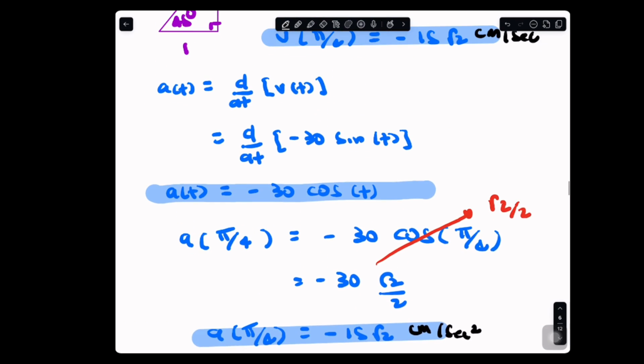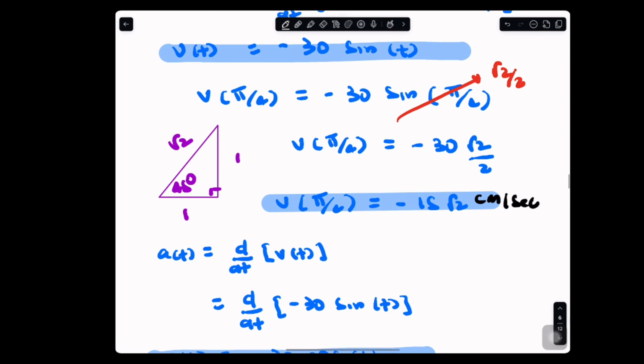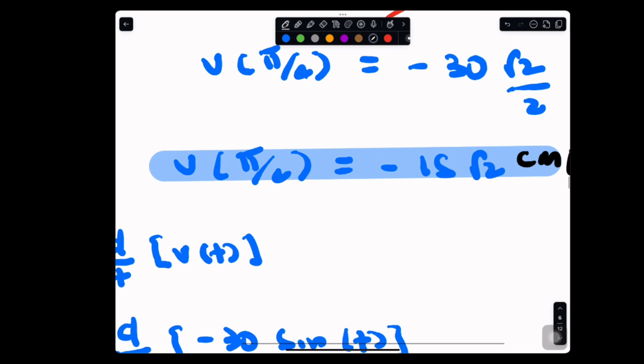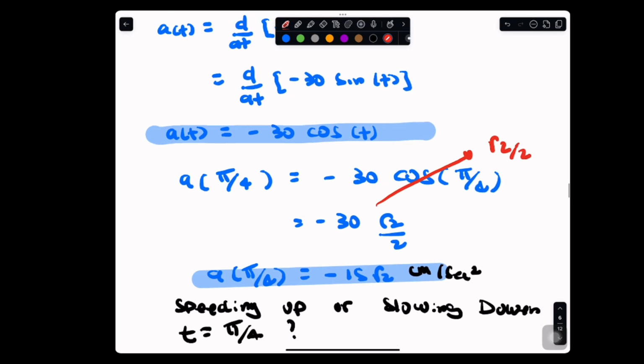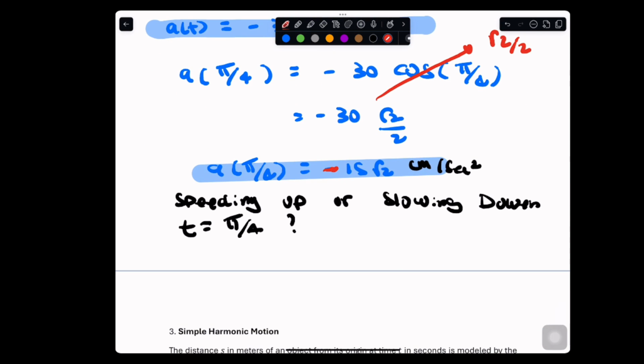Okay. What's your velocity? It's negative. What's your acceleration? Same sign. What does that mean? Speeding up.